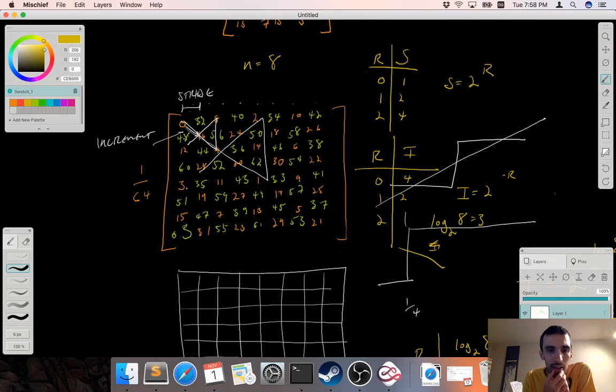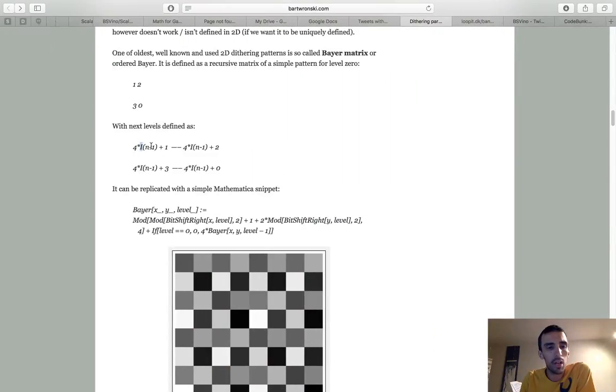Oh, look at that. This submatrix right here is equivalent to this submatrix, except all of the values here are 1 greater than all of the values there. And then likewise with this guy, all of its values are 1 greater than the values here. And likewise by this guy, all its values are 1 greater than the values there. So that's probably what he's doing. So this is a block matrix right here. It's the matrix of the previous iteration times 4?